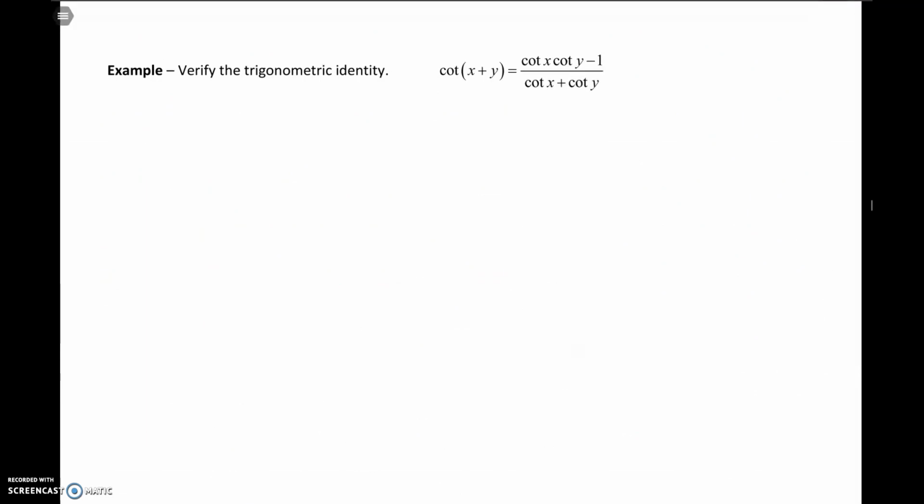Let's verify it. We're going to start with one side. Normally I would start with this side because it's more complex, but I'm going to have a really hard time getting it back to this because I don't have a formula for that. So on this one, we're actually going to start with this side and write it as a tangent, and then use our tangent identity. So I'm going to start with the left-hand side. You don't have to write LHS, but you do have to start with the left-hand side without changing it at all.